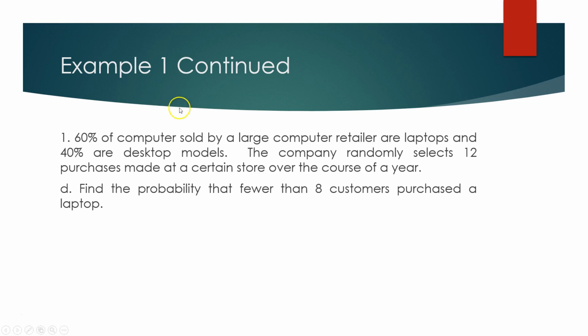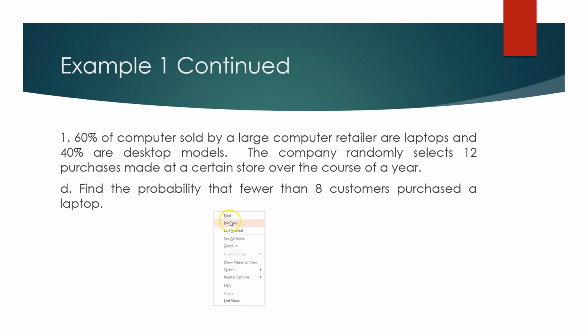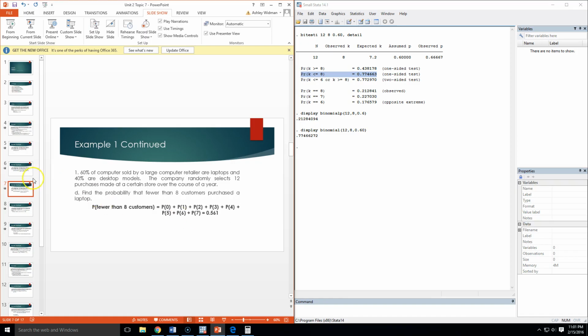So find the probability that fewer than 8 customers have purchased a laptop. So fewer than 8 is really similar to what we just found, except for it doesn't have the last probability that we had in there. So instead of 0 through 8, it's 0 through 7. So if we go back to the previous slide, we could just take this value and subtract off the probability of just getting 8.